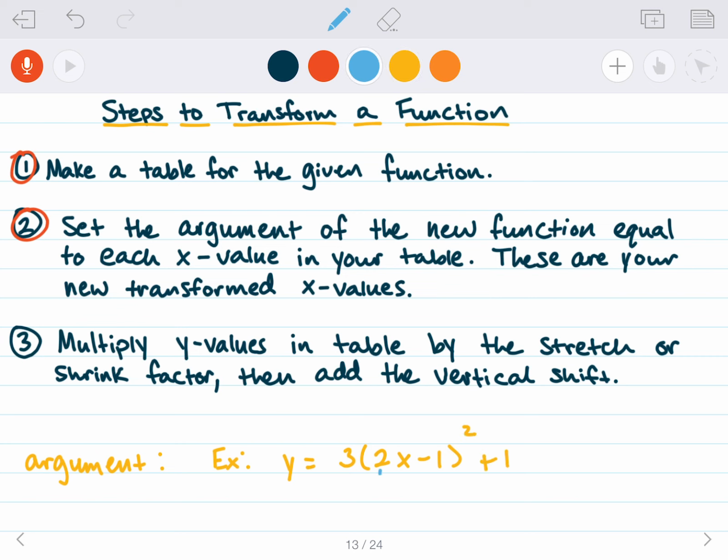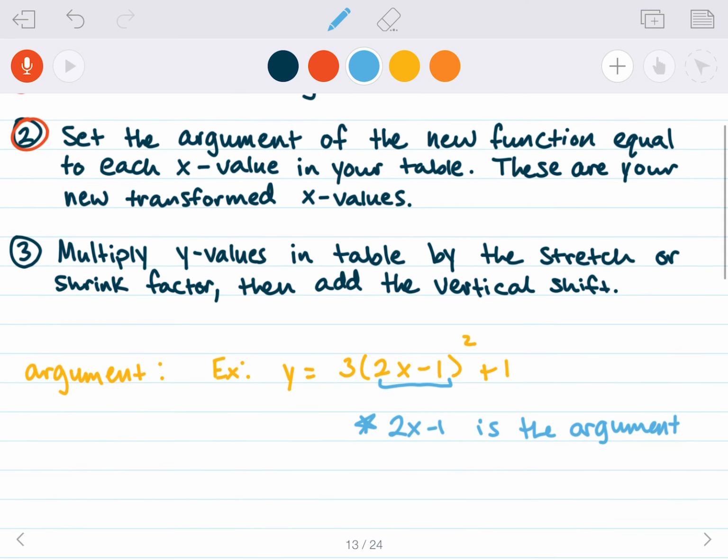The argument is going to be everything in our input space, which is 2x minus 1. That's the thing that's being squared. So it's what would originally be squared in your parent function. So 2x minus 1 is the argument.